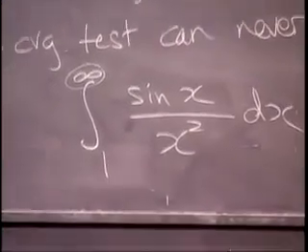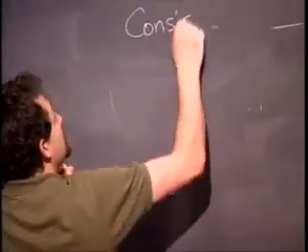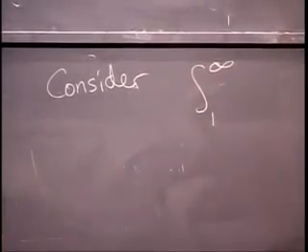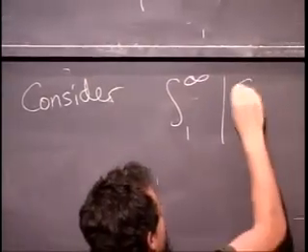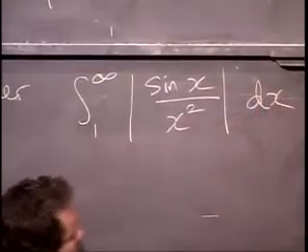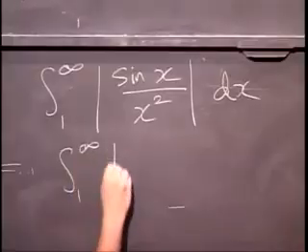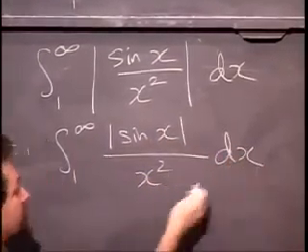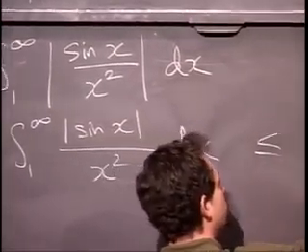Now, let's see what happens. In order to deal with this, I notice that there are positives and negatives. All right. I take the absolute value, sine x over x squared. Now in this case, the denominator is always positive, and I've reduced it to the integral we had before, which, to remind you, we dealt with using the comparison test very straightforwardly.